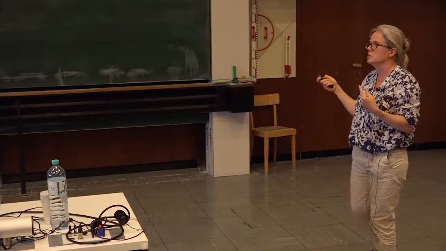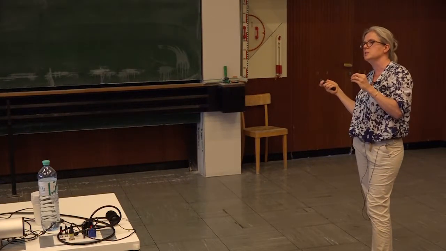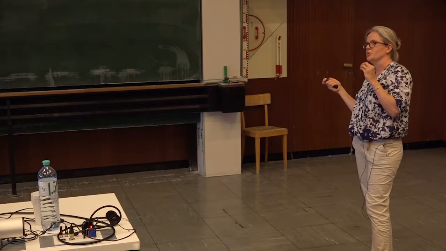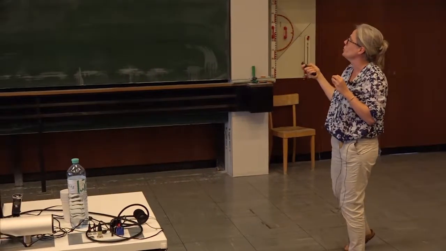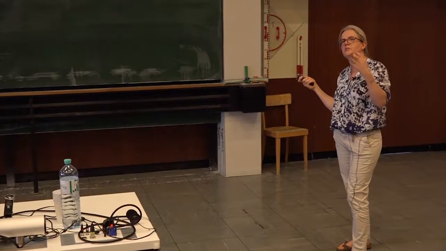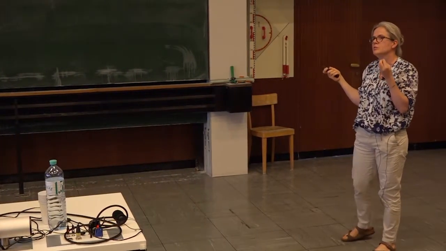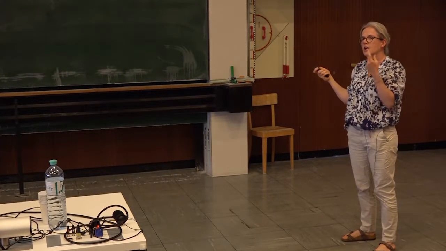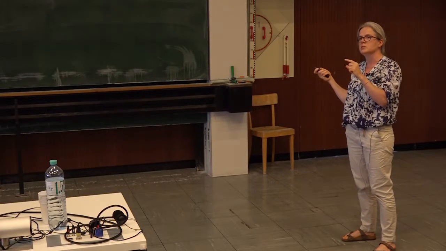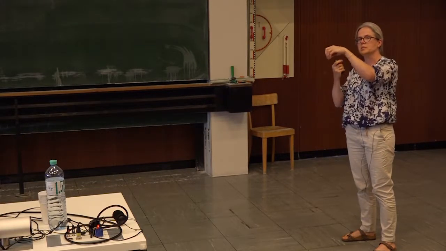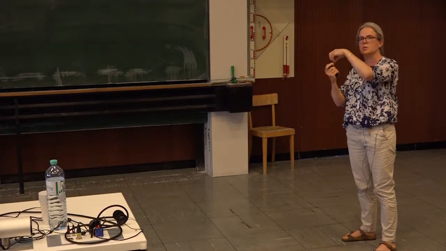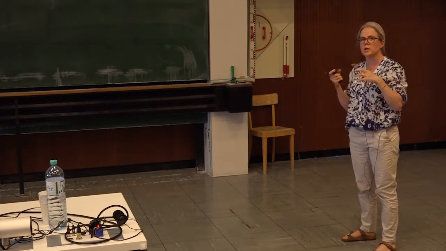I forgot a slide that tells you that the quadrupole formula of Einstein shows that the amount of energy emitted by a source is proportional to the second derivative of the inertial moment. So you need to have an inertial moment that is not symmetrical, that varies with time. Otherwise, you have no emission.